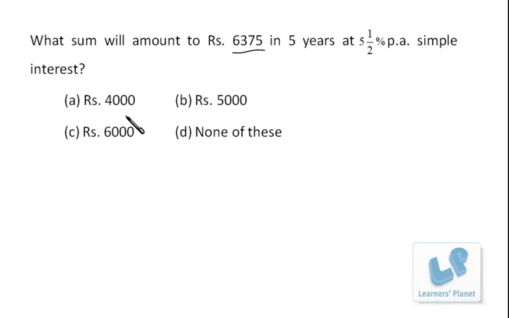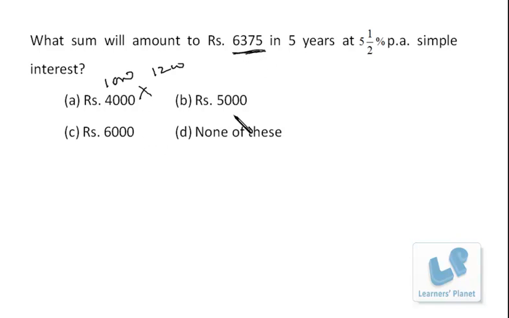Now what is 27.5% of 4000? See, 25% is 1000 and 30% is 1200. So 27.5% will lie somewhere in between. So it won't be the correct option, because even if you add 1200 to this, you won't be able to reach this. So this option is discarded.